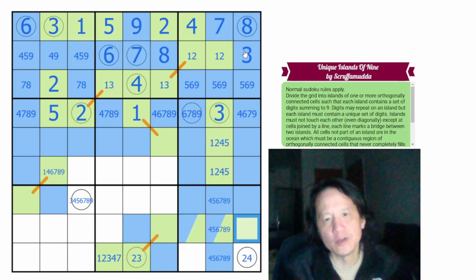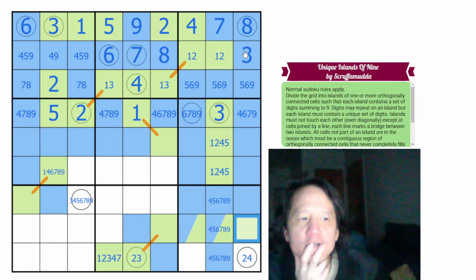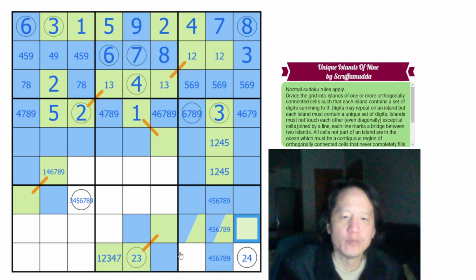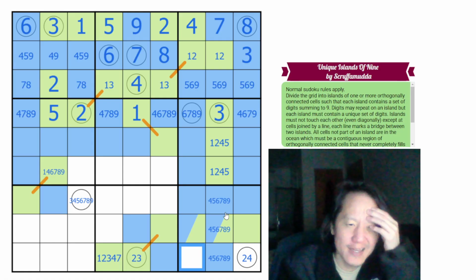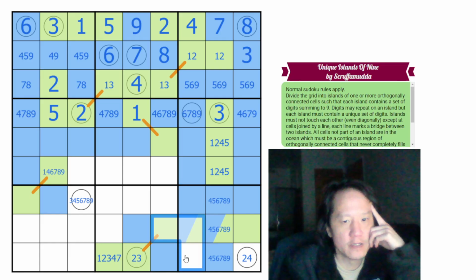This can't be 3. It could be. Can this ever be an island? I guess. It could be island, island, island here, and these two are islands.